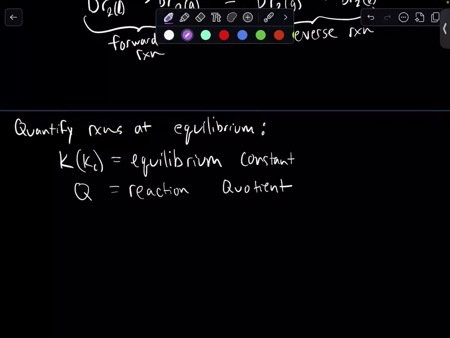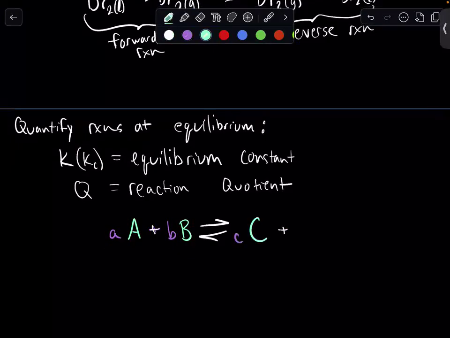So we need a sample equilibrium reaction: aA plus bB reacts to form cC plus dD.